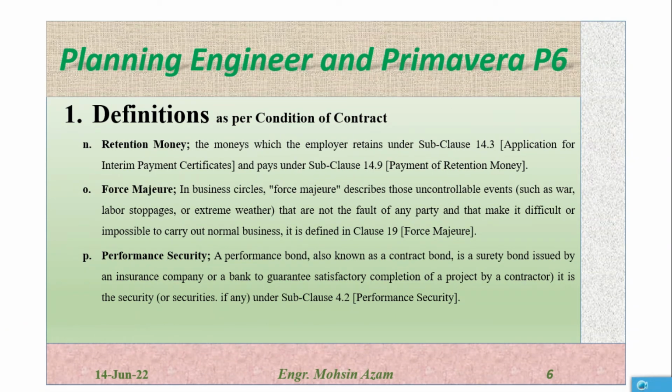This is the bond which, on behalf of the contractor, a bank or insurance company will issue to the client for the satisfactory completion of the project. It is a security of the contract. So the validity of the bond will be the duration of the project.